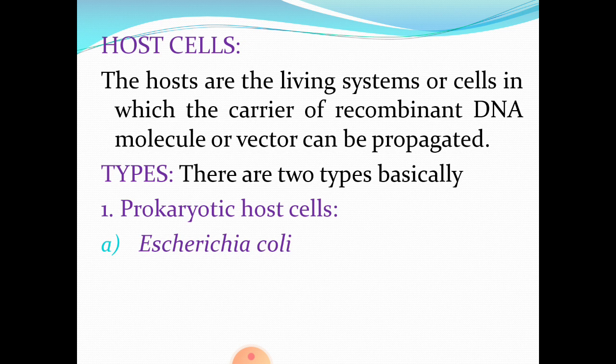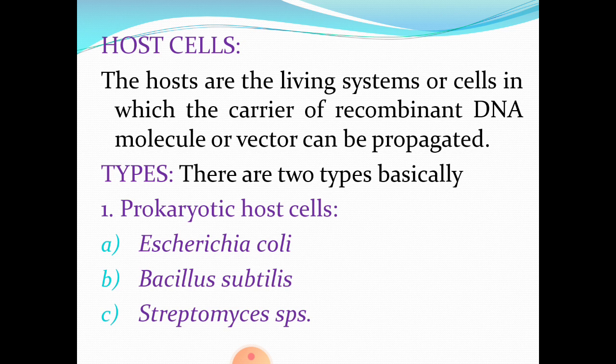Prokaryotic host cells are mostly the bacteria, and for this purpose, normally we make use of E. coli or Escherichia coli, and we make use of another bacterium, that is Bacillus subtilis, or sometimes even the species of Streptomyces bacterium is preferred. So normally we make use of either Escherichia coli or Bacillus subtilis or Streptomyces species as prokaryotic host cells.